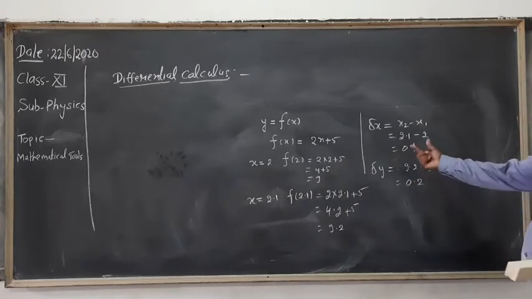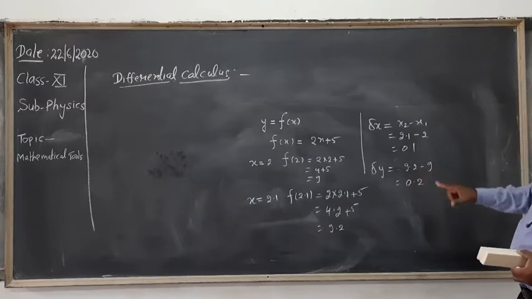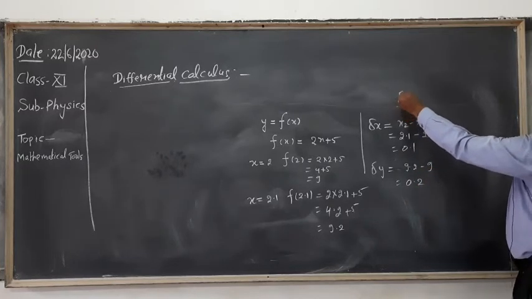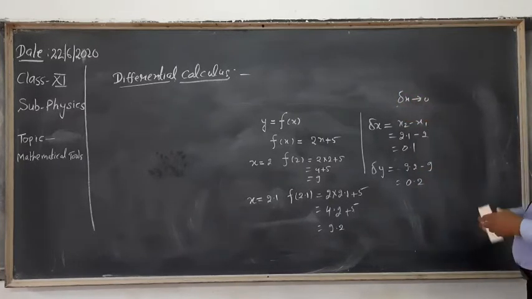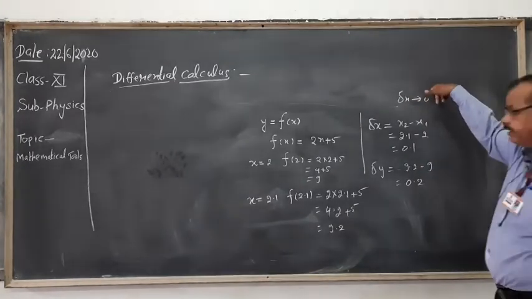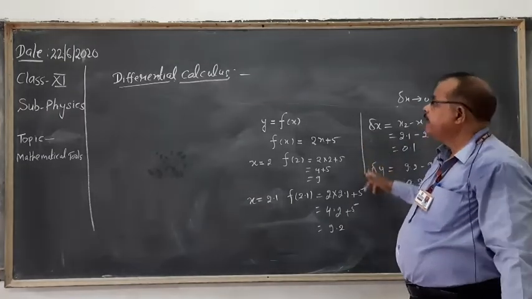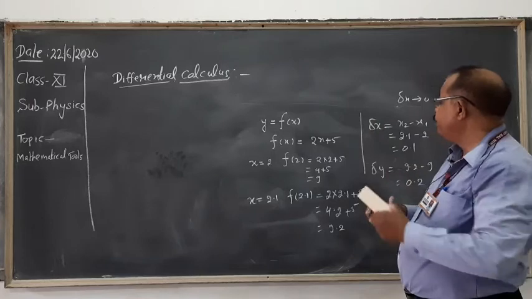Means if we take a small change in x, we will get a small change in y. In that case, if del x tends to 0, means the change in x is very minimum, the ratio of del y and del x is called the derivative of y with respect to x.